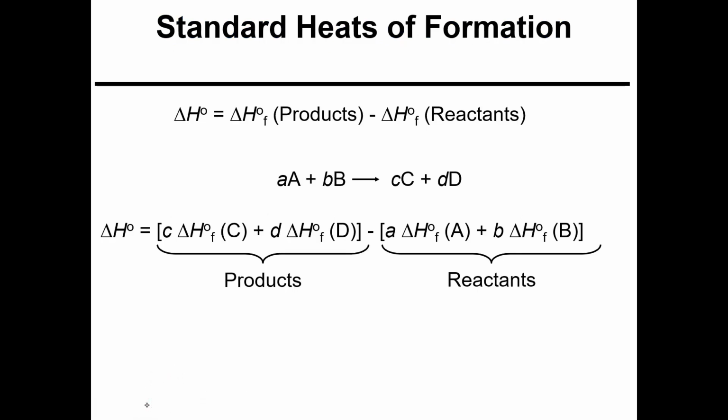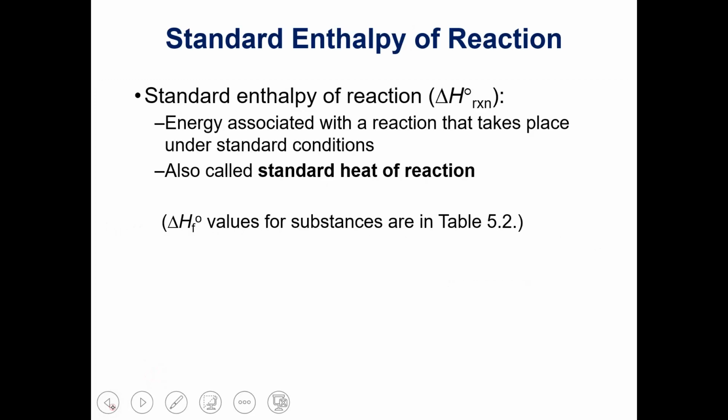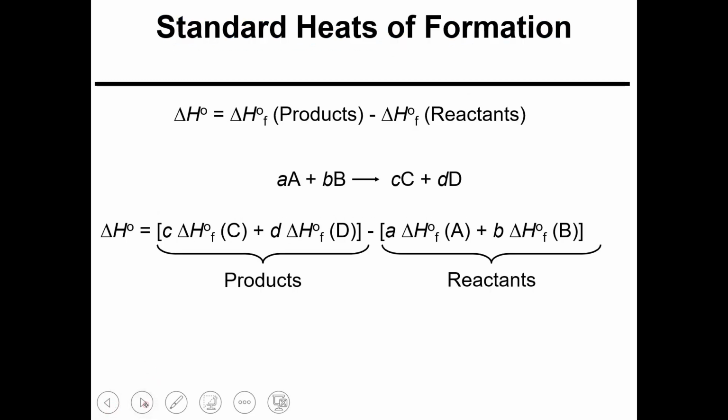The way that we calculate the standard heat of formation, or the enthalpy of reaction, either term applies, is that we take the delta H of formation for the products minus the delta H of formation for the reactants.